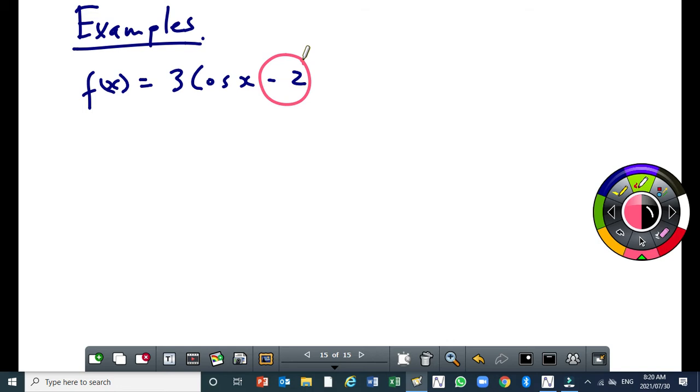So first thing, you have to know how to sketch the graph of 3 cos x. Okay, you have to know how to sketch. The good thing is you can use your calculator, right? You can use your what? Your calculator. So what I'm going to do is I'm going to sketch 3 cos x first. Then after that, I'll move that 3 cos x by 2 units downwards.